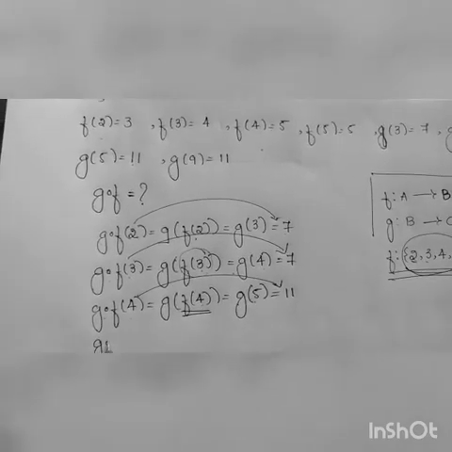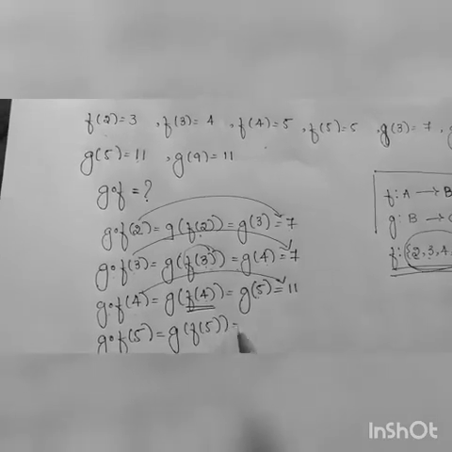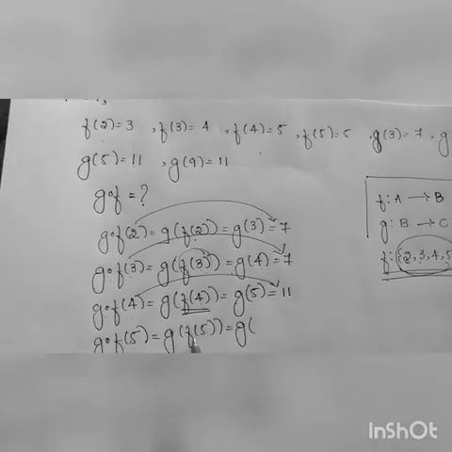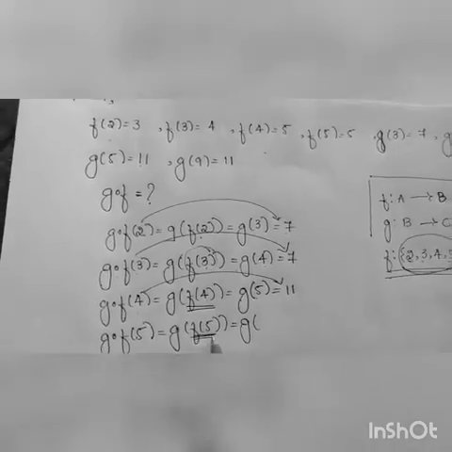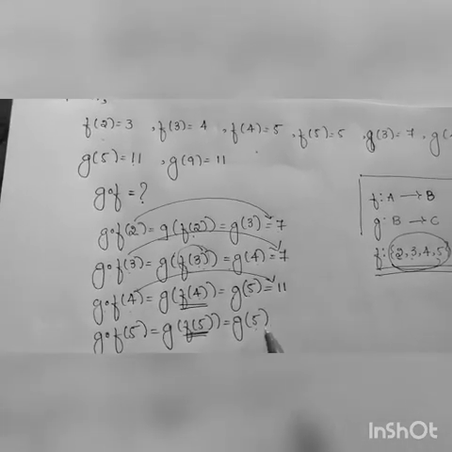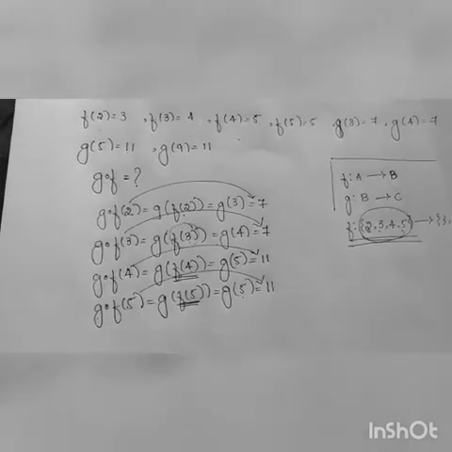And the last element, g(f(5)). What is f(5)? That is 5 itself. Therefore g(5) is 11, so g(f(5)) is equal to 11. This is how you find the g∘f values.